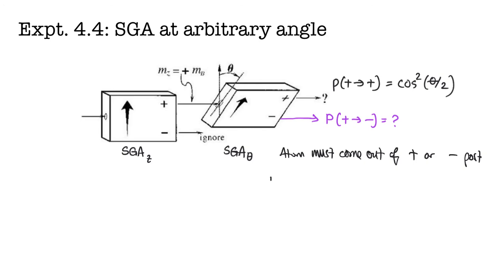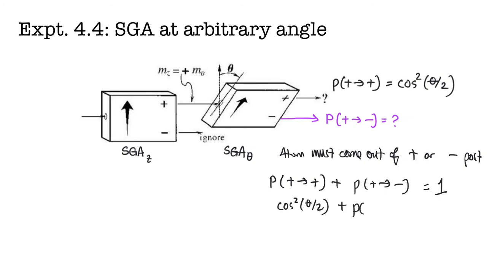So we know that if we add up the two probabilities, the plus-plus and the plus-minus, we better get 100%. Or another way to say it is, if we use non-percent values like 1, those two have to add up to 1. Well, we know that the plus-plus probability is cosine squared theta over 2.